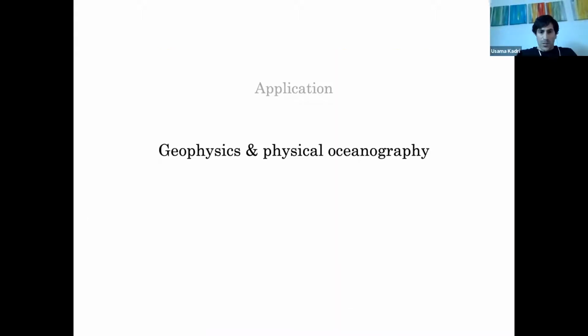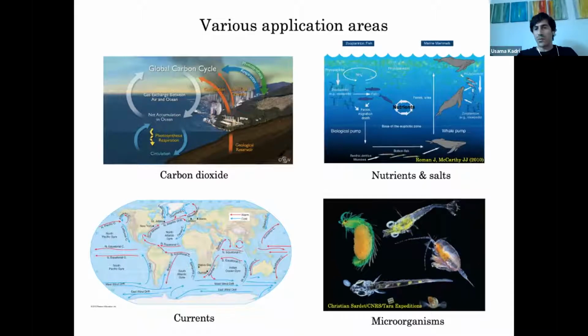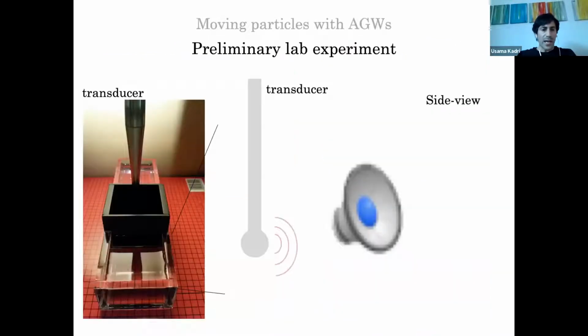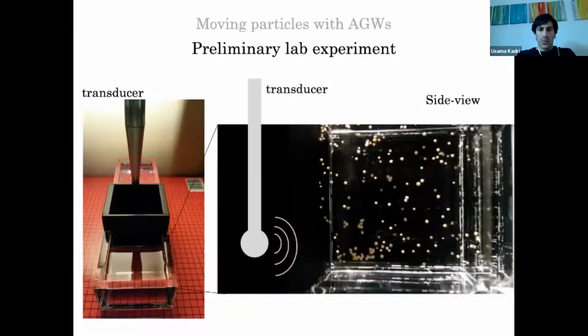One quick possible application: as I said, the acoustic gravity waves can make some movement in all the depths. So this could be important for things like nutrient transportation and salts. So it might be important for microorganisms. A small experiment that we had a few years ago with the acoustic transducer, which you can see here.